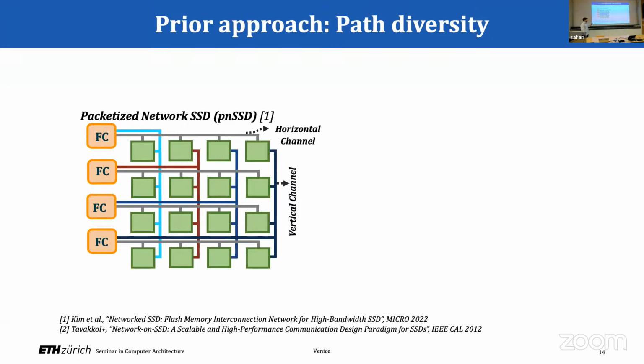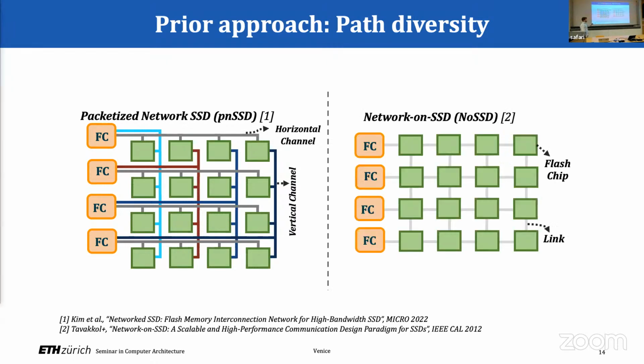So we have the normal horizontal channels, which you have seen before, and then some vertical channels added. So there are 2 times the amount of paths between each flash chip and the flash controllers. Another one would be the network on SSD, which has flash channels between each neighboring flash chips and uses a simple deterministic routing algorithm.